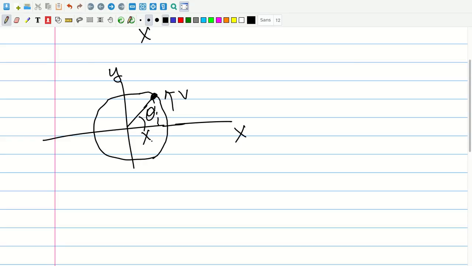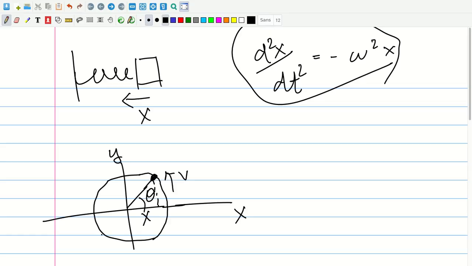Now, the motion of this circle, the x coordinate and the y coordinate, both oscillate, and the geometric projection of this r vector onto the x-axis, the shadow that it casts, is exactly identical to the simple harmonic motion that we've been talking about, right?